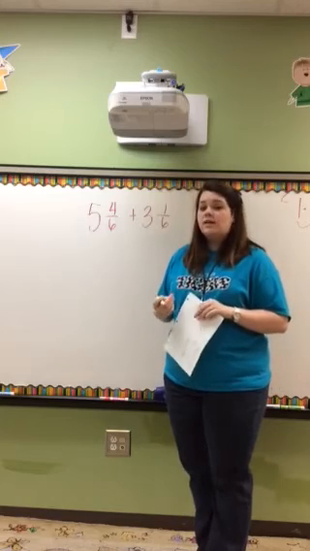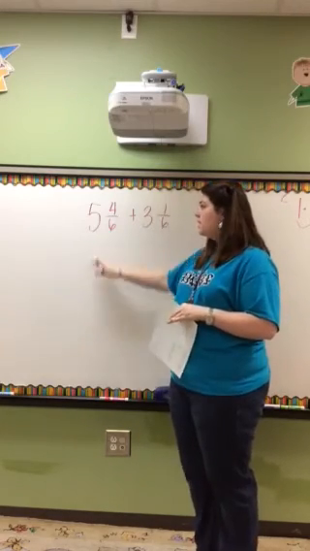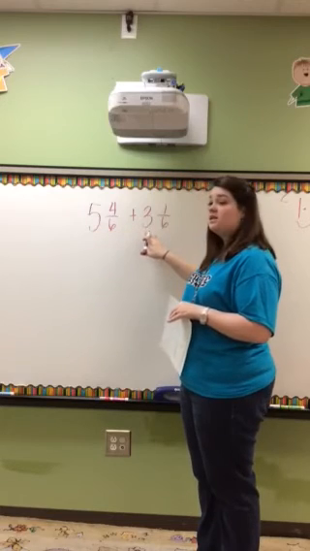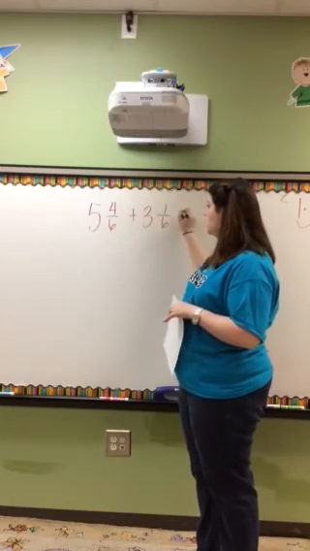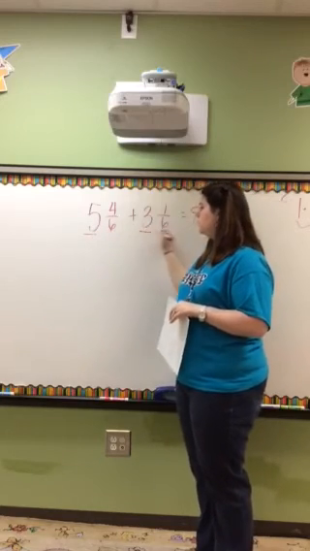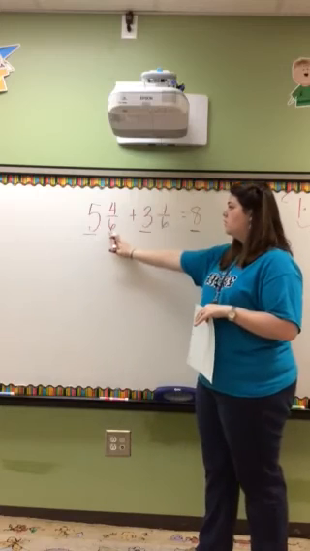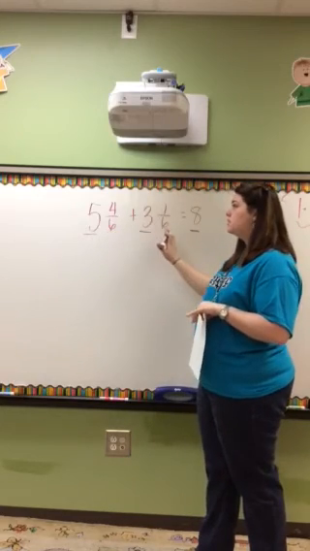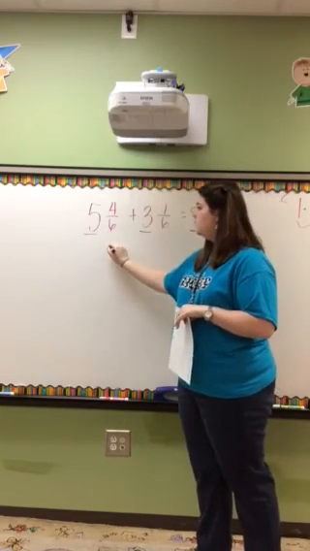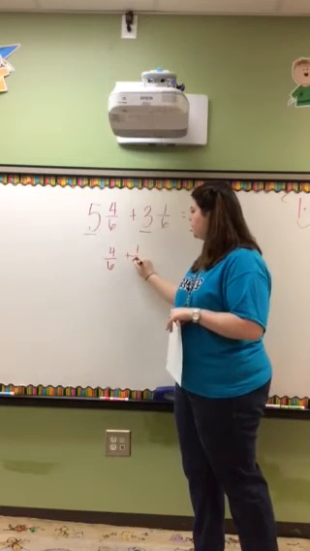So like I just said before, I'm going to start by adding my whole numbers first. And 5 plus 3 is 8. So there's my whole number. And now I can add my fractions. 4/6 plus 1/6. And if it helps you to rewrite it below, that's perfectly fine.